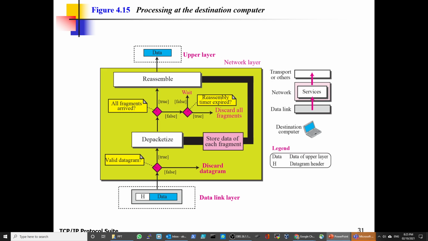No. So I put a timer, and if the timer expires, discard all the fragments. Either we receive them all or discard them all, because we cannot build the message with a missing piece. Until we find them, we reassemble them and deliver them.